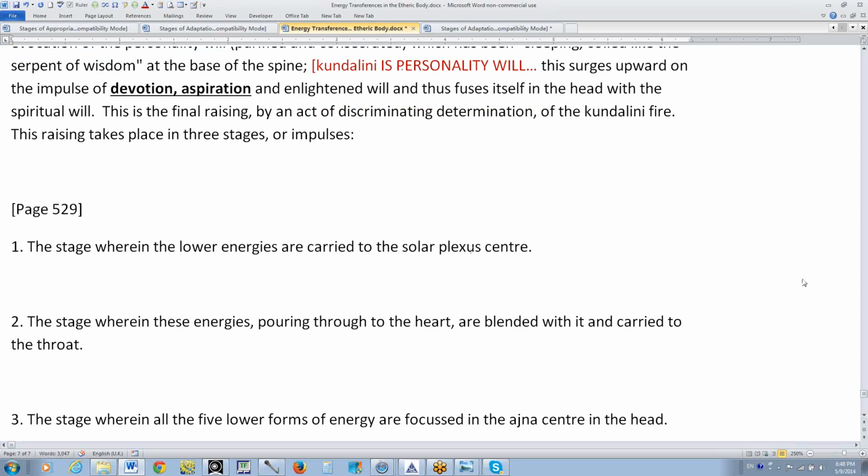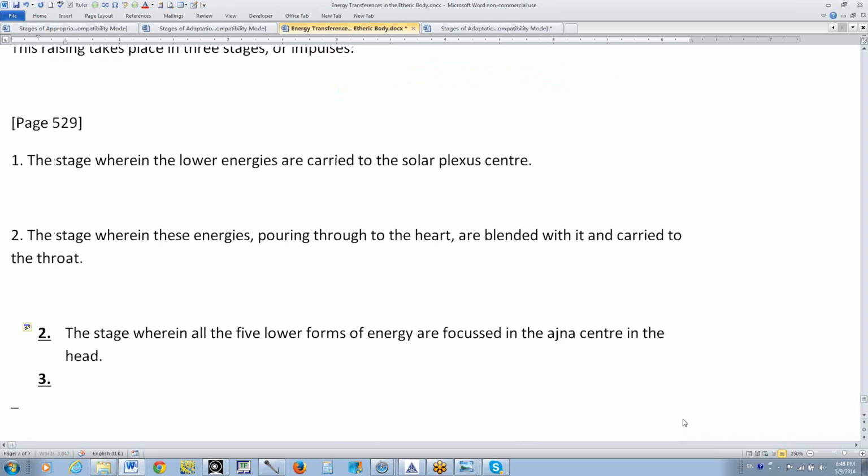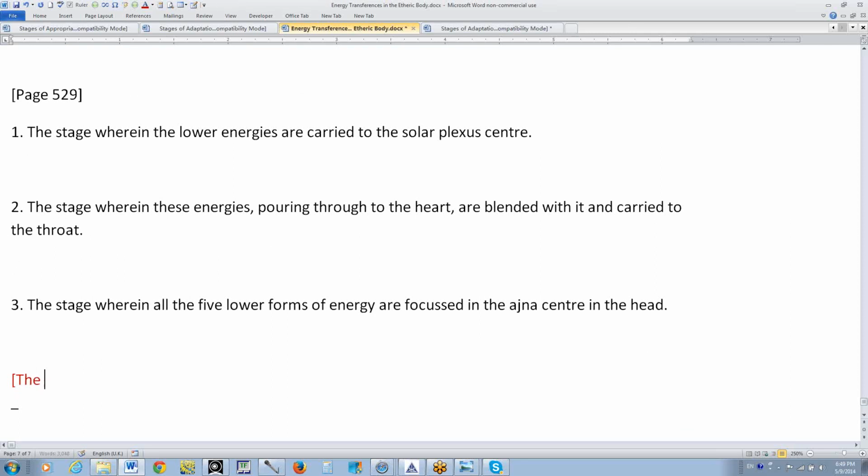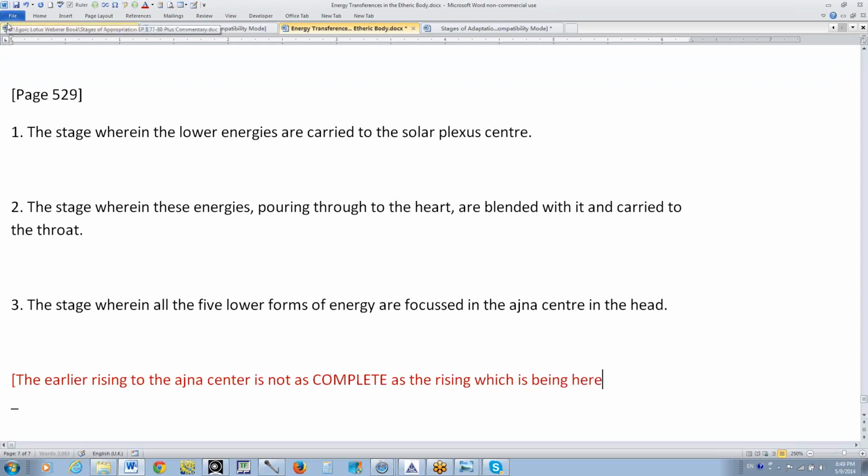So this earlier rising to the ajna is not as complete as this later rising. The earlier rising to the ajna center is not as complete as the rising which is being considered here.